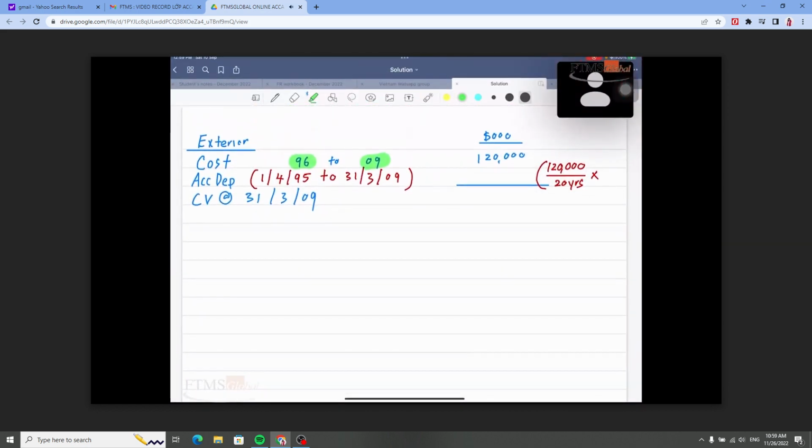So times 14. 120 divided by 20 times 14, I will get 84,000. Then 120 minus 84 equals 36.